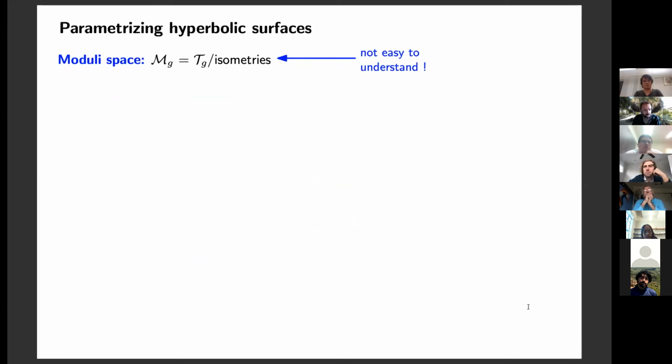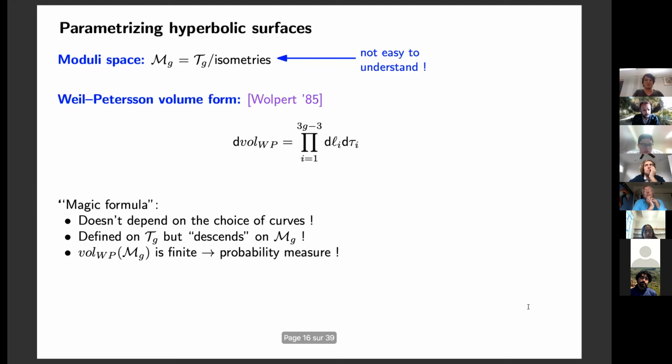Again, I'm not going to say what I mean by isometry, but all I will say is that these isometries are not so easy to understand, and they don't behave the same for every surface. So basically you take your nice space T_g, and since you quotient it, you're folding it on itself, and it actually becomes less nice. It doesn't stay a manifold, it becomes an orbifold.